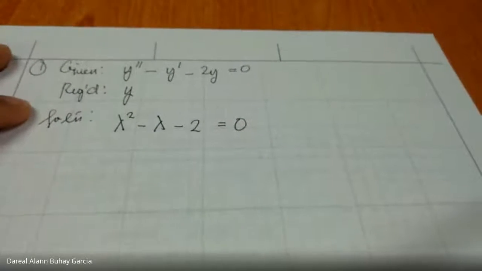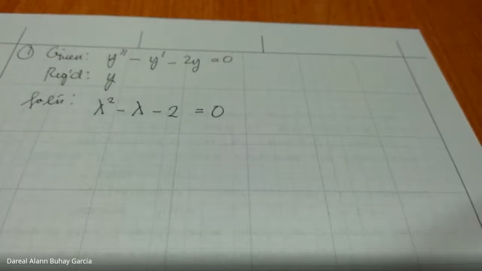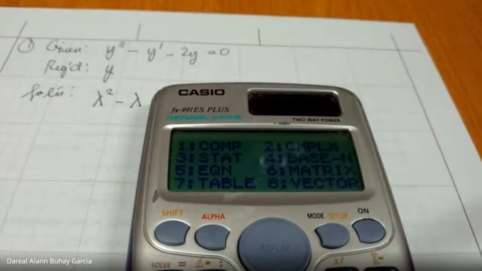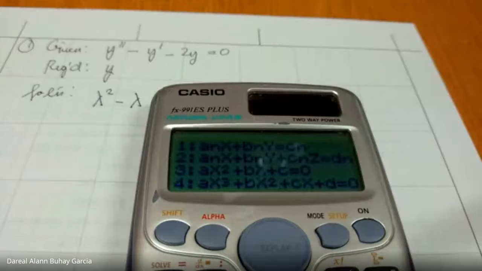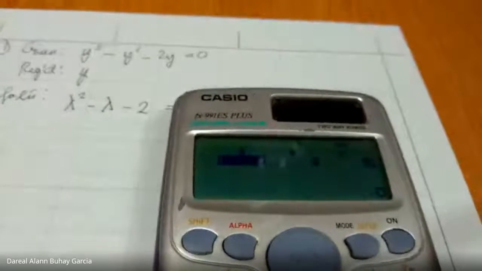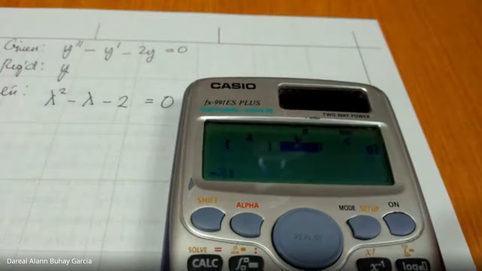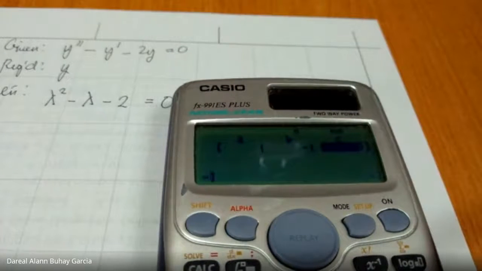So, what are the roots then? Or we can factor. The coefficients are 1, negative 1, negative 2.